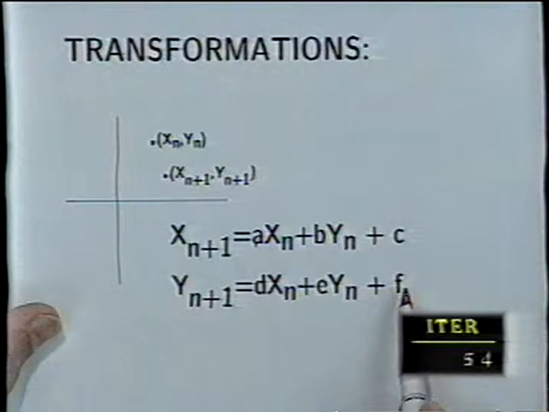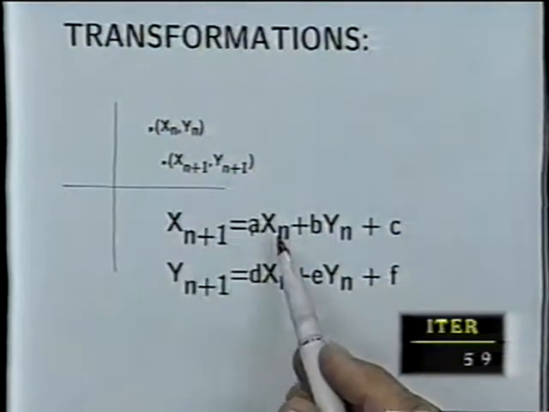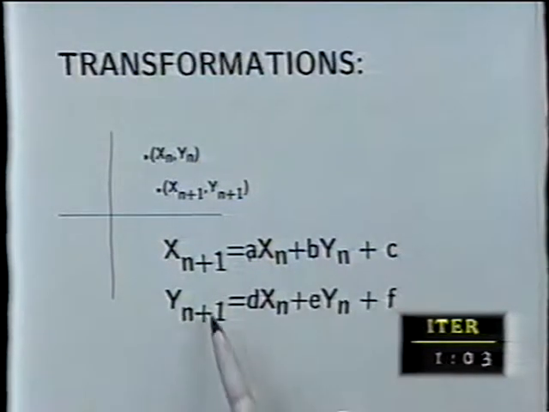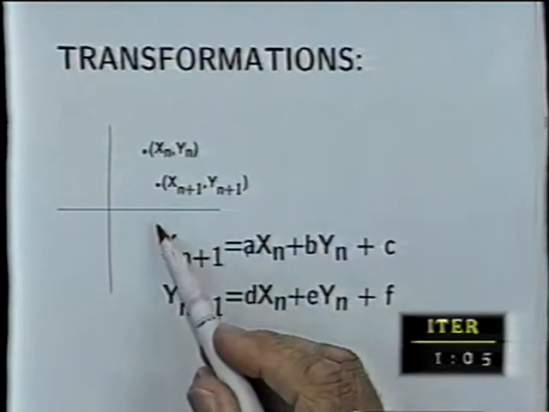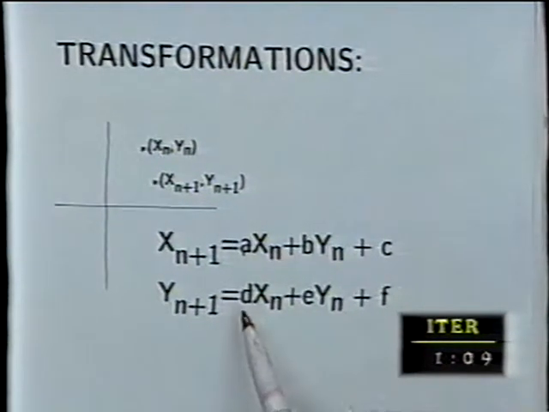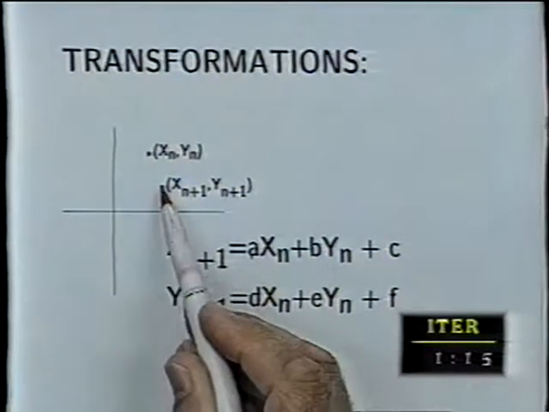I've just written them as letters, but they're numbers. And I multiply where I am, my x point by A, my y point by B, add C to it, and that's my x position of this next point. If I want my y position, I take D times the position x plus E times where y was and add F to it, and that gives me this next point.